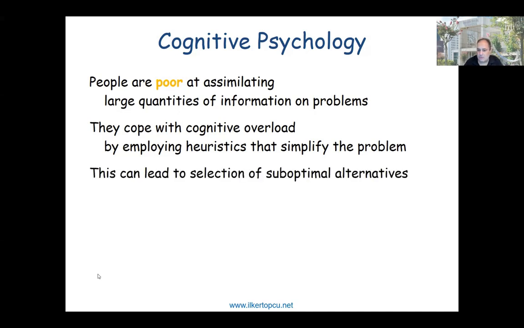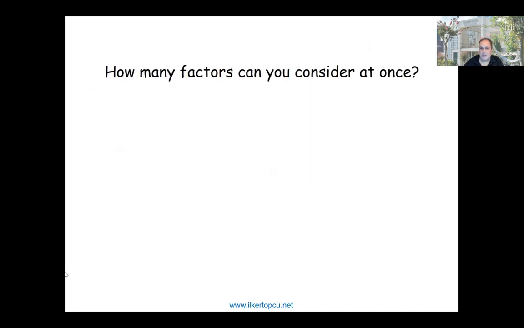That leads to the selection of suboptimal alternatives. Maybe there is a better alternative, but as they are using heuristics or just dealing with a small part of the problem, there can be better alternatives. That's why we should have people deal with all aspects of the problem. And it's not so easy because of cognitive psychology.